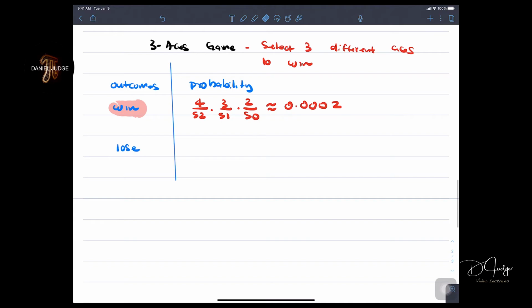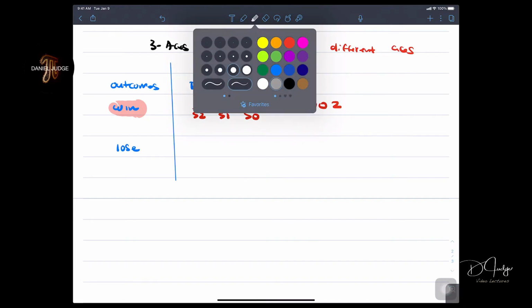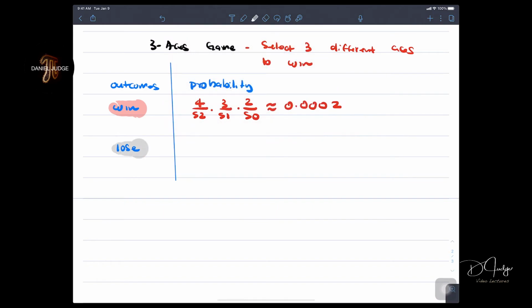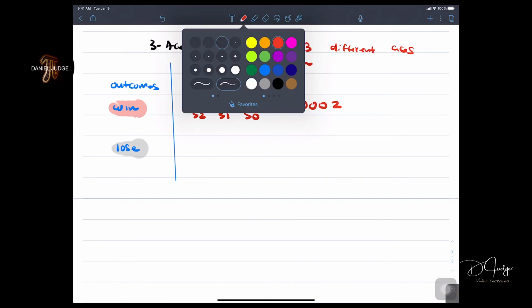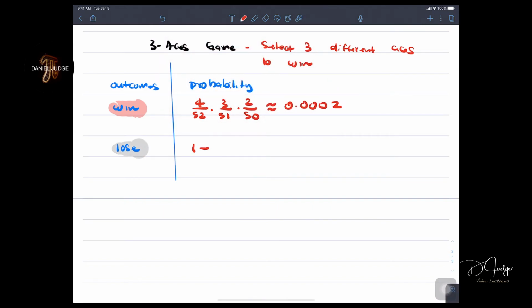But you now say, well, what about the opposite of winning, the 2 outcomes in a gambling situation? You're going to lose. So the chance you lose will then be 1 minus, and this is approximately 0.0002. So let's use the complement rule to find the probability that you lose.